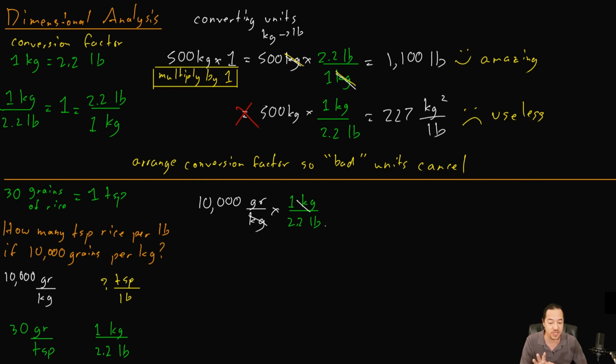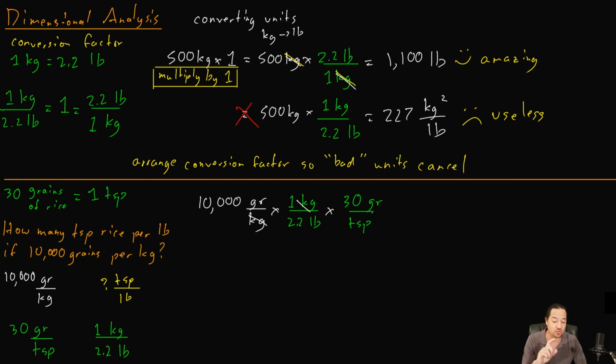We're going to have an answer now in grains per pound. We want teaspoons per pound. So we need to convert away grains into teaspoons. Let's do that. Let's plug in this other conversion factor we have here, and that's 30 grains per teaspoon. Okay, perfect. And now that we have that in, we can see that we messed up, didn't we, right? Nothing cancels.